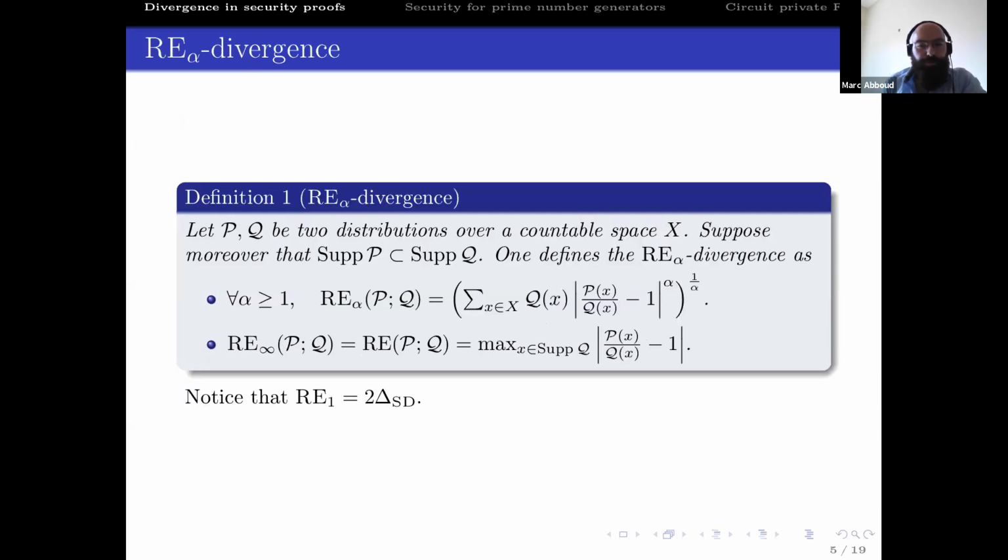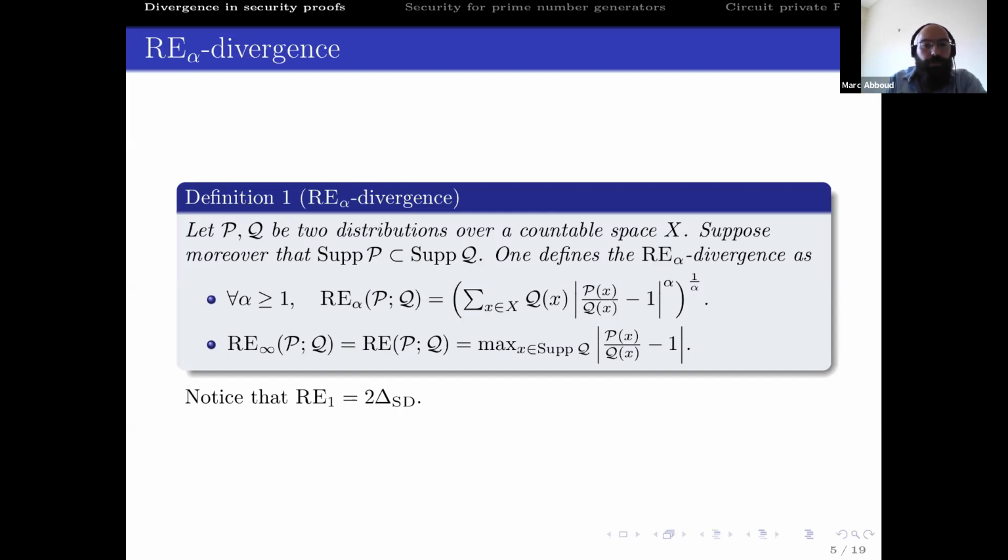Now, in the paper, we introduce a new kind of divergence. We call it the relative error over alpha. This is the definition. The only difference with the Renyi divergence is that you have a -1 in the absolute value. You can see that when alpha is equal to 1, you get 2 times the statistical distance, and when alpha is equal to infinity, you get the standard relative error.